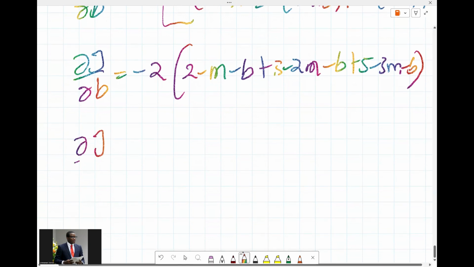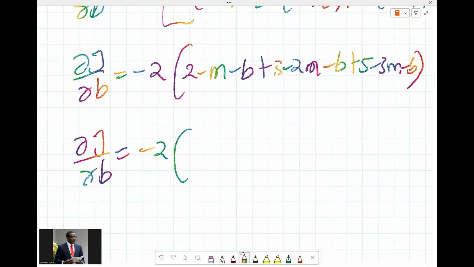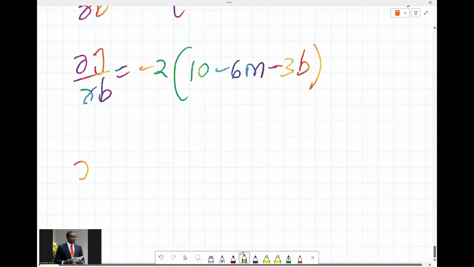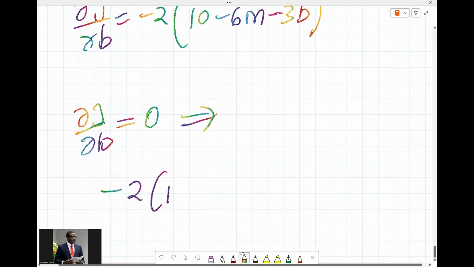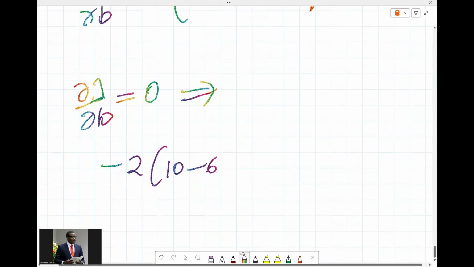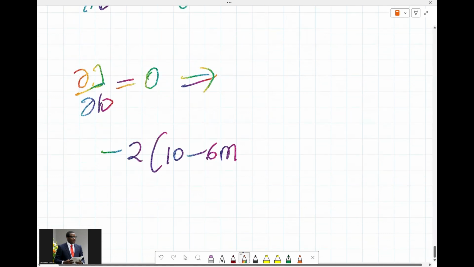So partial j, partial b is equal to minus 2 into, okay, we can tidy things up. 2 plus 3 plus 5, that's 10 again. Then minus m minus 2m minus 3m, that's minus 6m. Then minus b in 3 places, that's minus 3b. Then we can equate to 0. So partial j, partial b equals 0 implies that we have minus 2 into 10 minus 6m minus 3b equals 0.